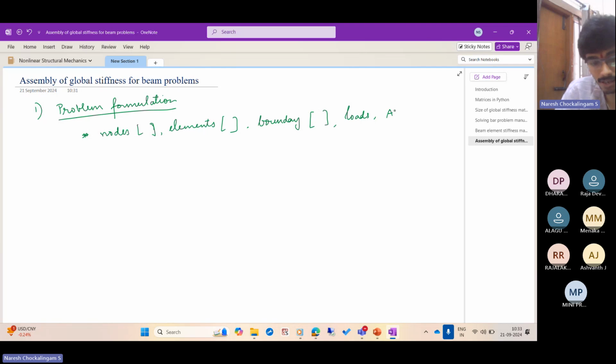In this case, for beams, it is EI, the flexural rigidity. For axial force problems, it is the axial stiffness AE. And for beam problems, it is I instead of A. That's the only difference. So let us start with that.